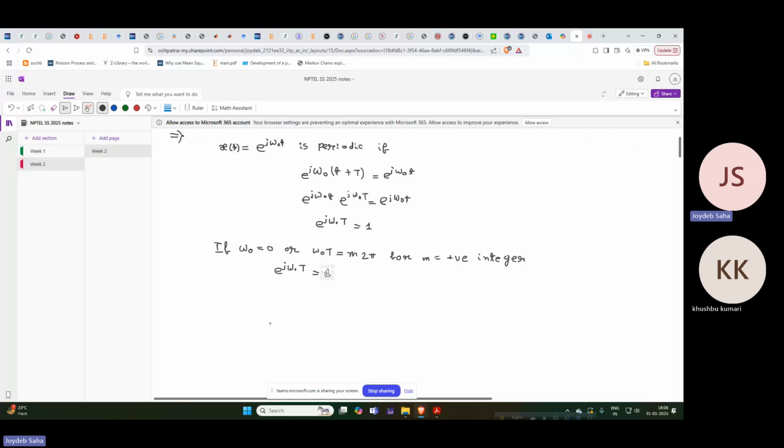So for non-zero omega 0, we are getting omega 0 T is equal to m into 2 pi.